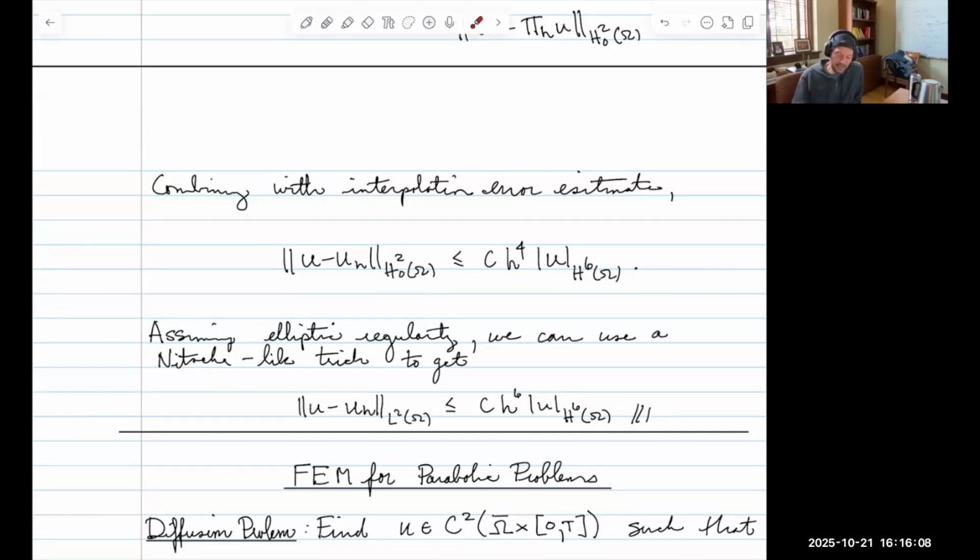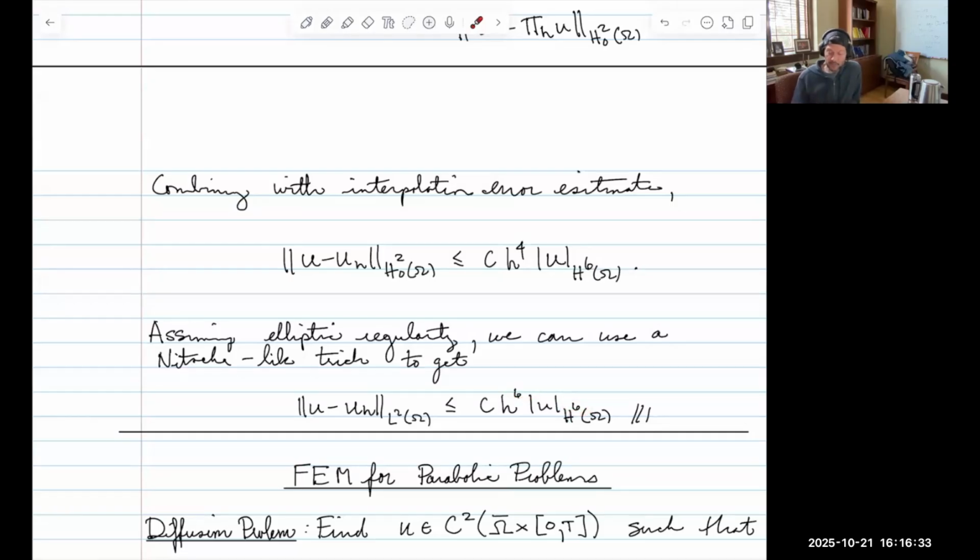So this is in keeping with what we learned for the simple approximation in 2D for our standard Poisson problem. We use piecewise linears, and in L2 we got h squared convergence, order 2 convergence, as long as we had an H2 function. So in other words, this order, full order, is matching this order.